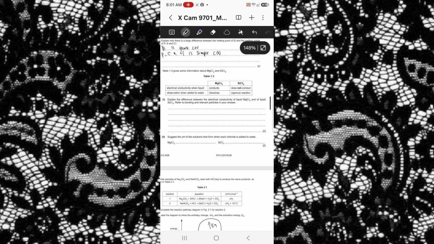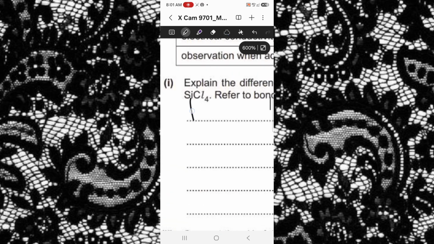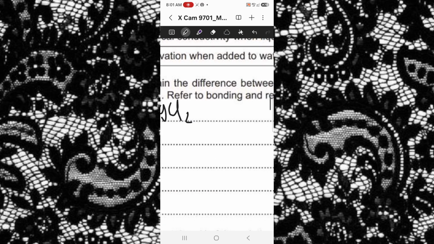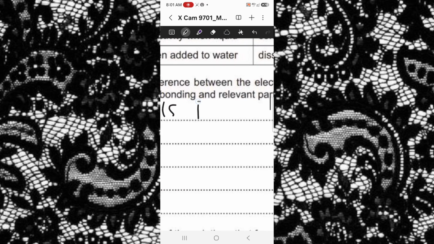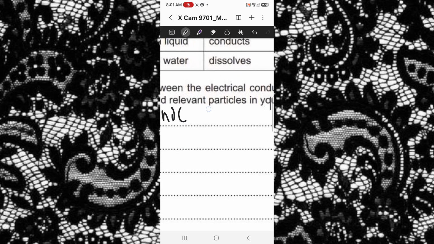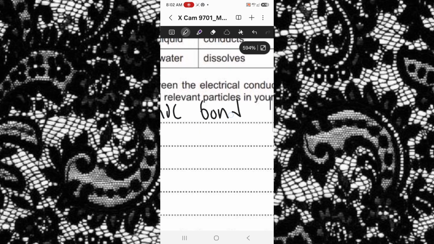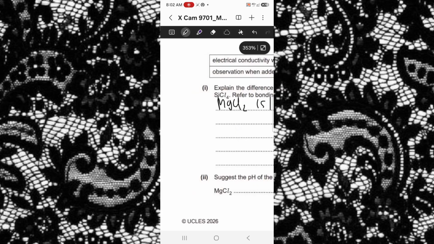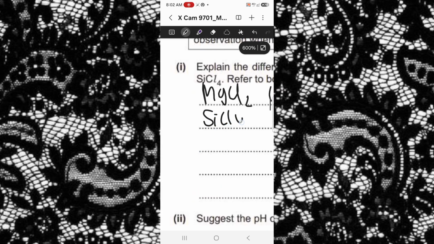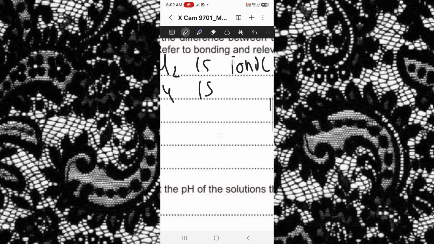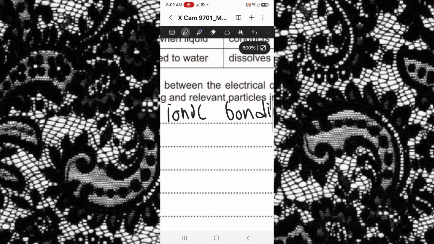And next, explain the difference between electrical conductivity of liquid MgCl2 and liquid SiCl4. Refer to bonding and relevant particles in your answer. So the answer is MgCl2 is ionic bonding, and SiCl4 is covalent bonding.